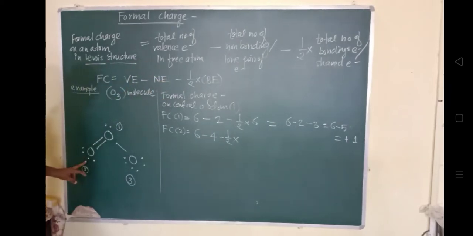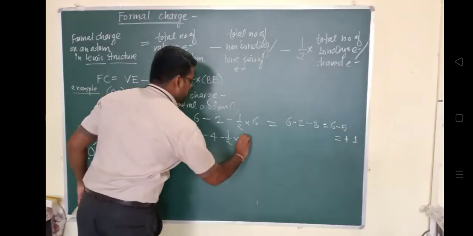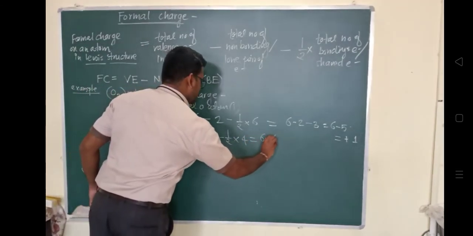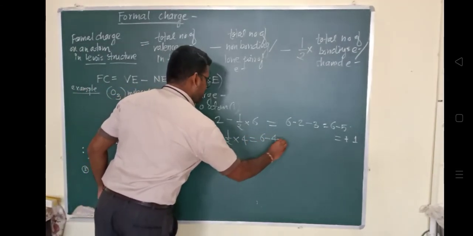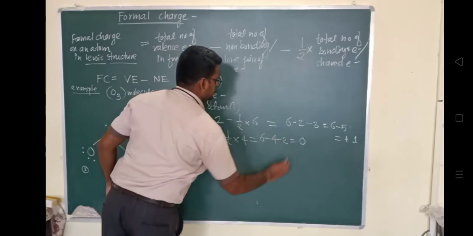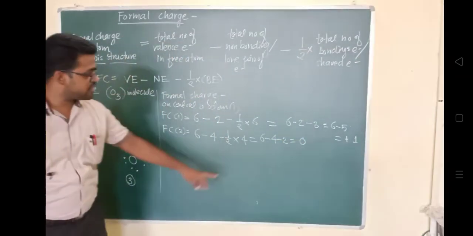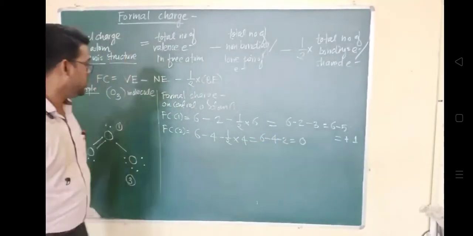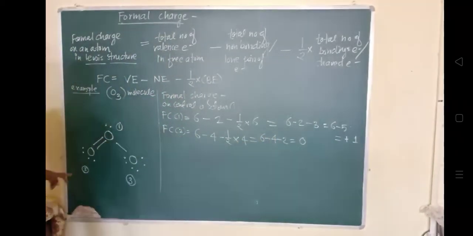How many electrons are bonding here? 1 2 3 4, 4 electrons are bonding. So 6 minus 4 minus 2. So the answer is 0. 6 minus 4 is 2, 2 minus 2 is 0. So the formal charge on this second oxygen atom is 0.